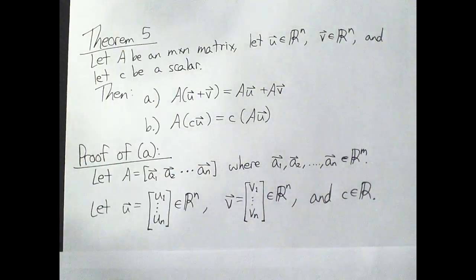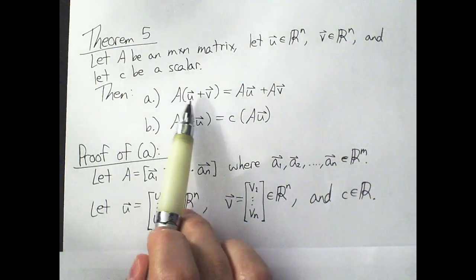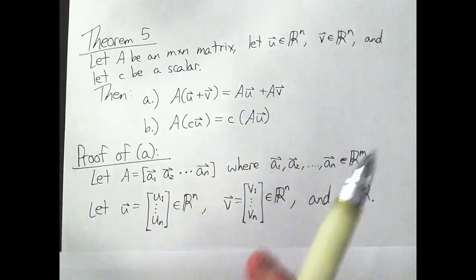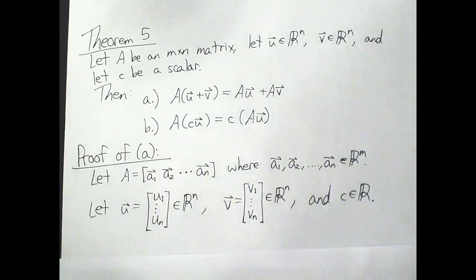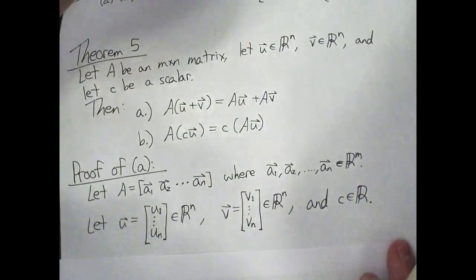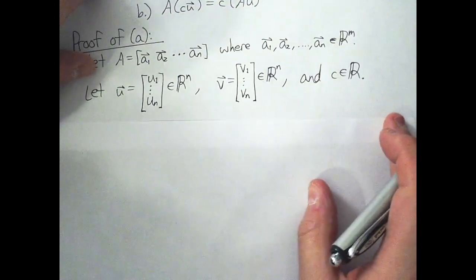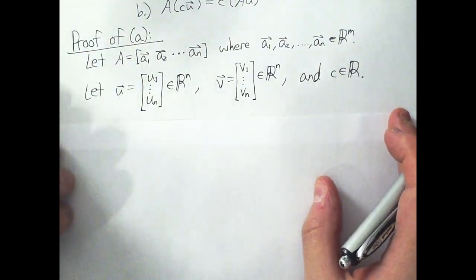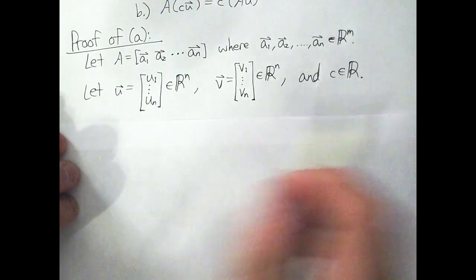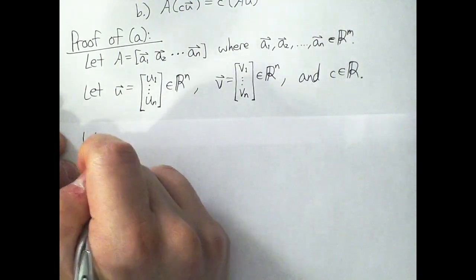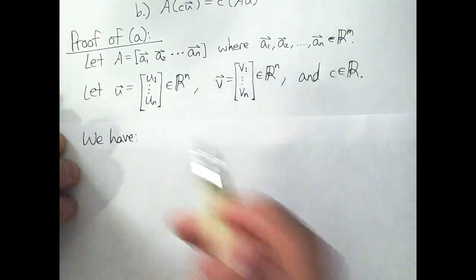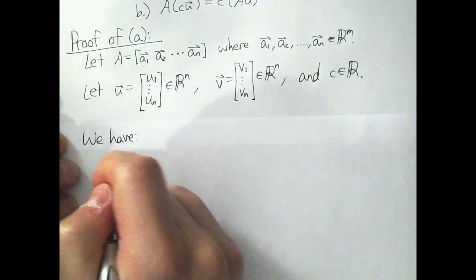It's not like the proof we did earlier where we had a set equal to a set. No, this is just an expression equals an expression. So to show that the left-hand side equals the right-hand side, we just start with one of the sides, do some algebra or whatever we need to do. Let's start with the left-hand side. We're going to show that it equals the right-hand side.